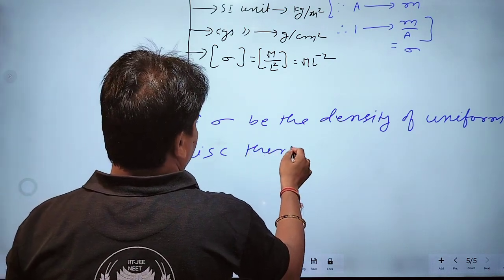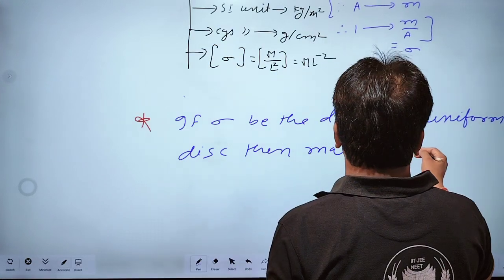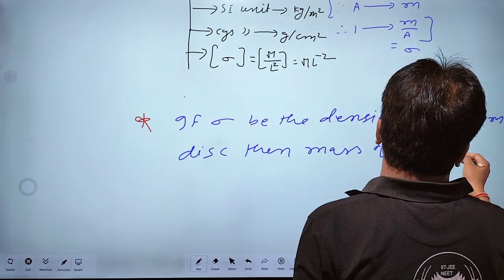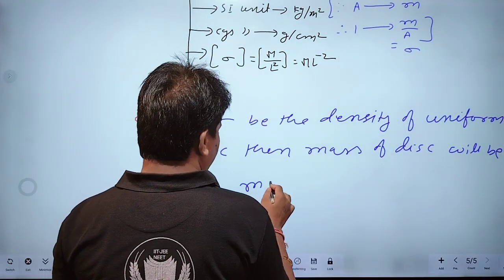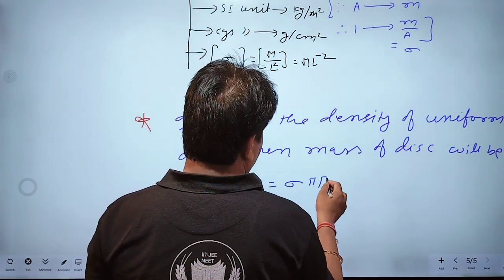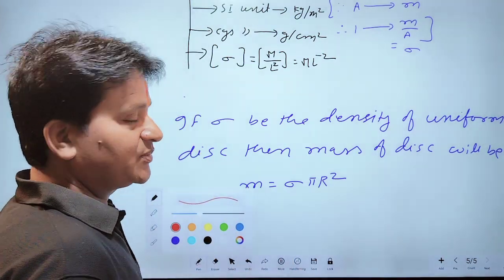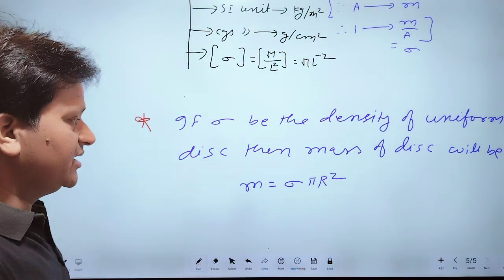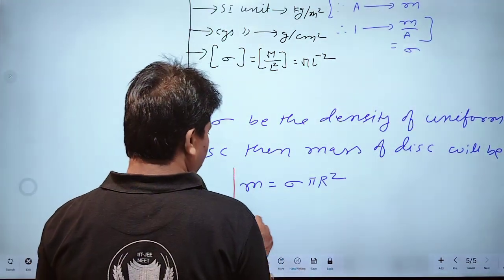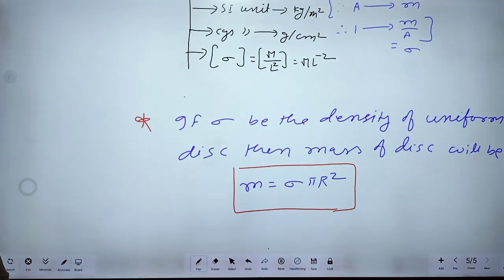Then mass of the disc will be m equal to sigma into pi r square. Sigma is the mass per unit area, therefore total area is pi r square, therefore total mass of the disc m should be equal to sigma into pi r square.